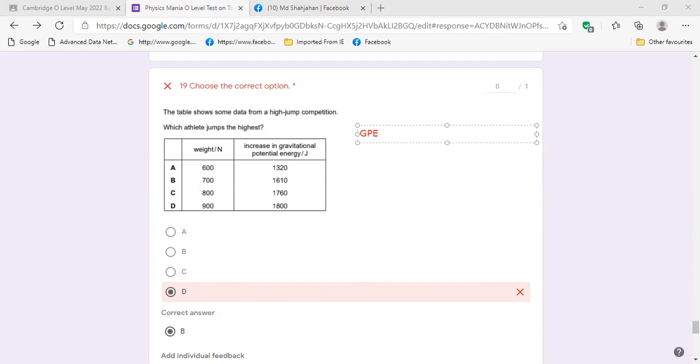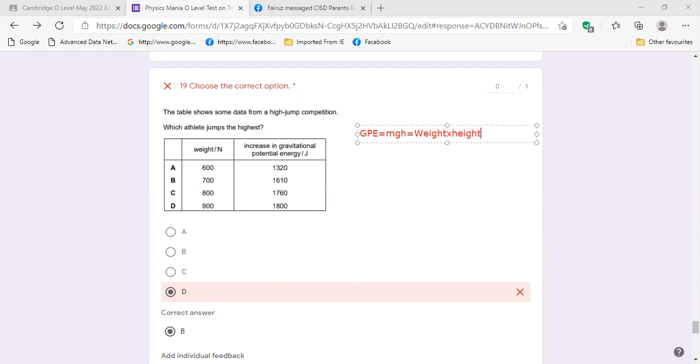GPE is equal to mgh, and mg is the weight, right? So you write here weight multiplied into height. Very good.